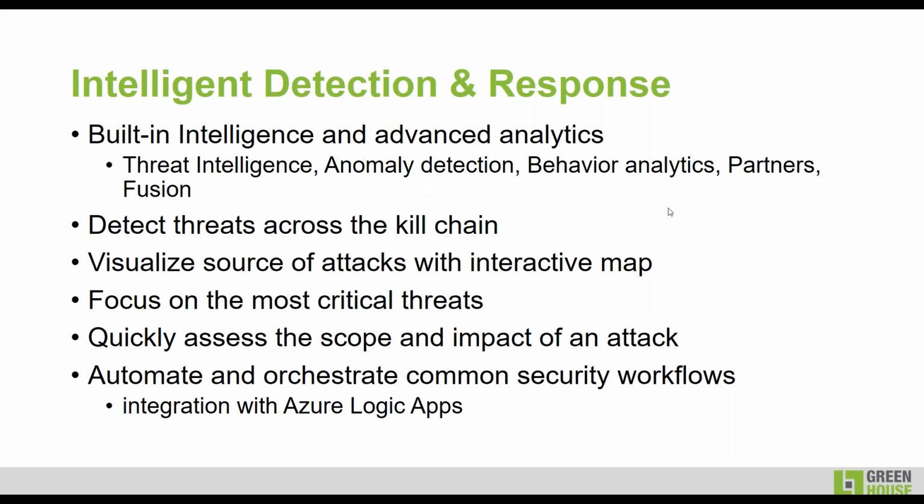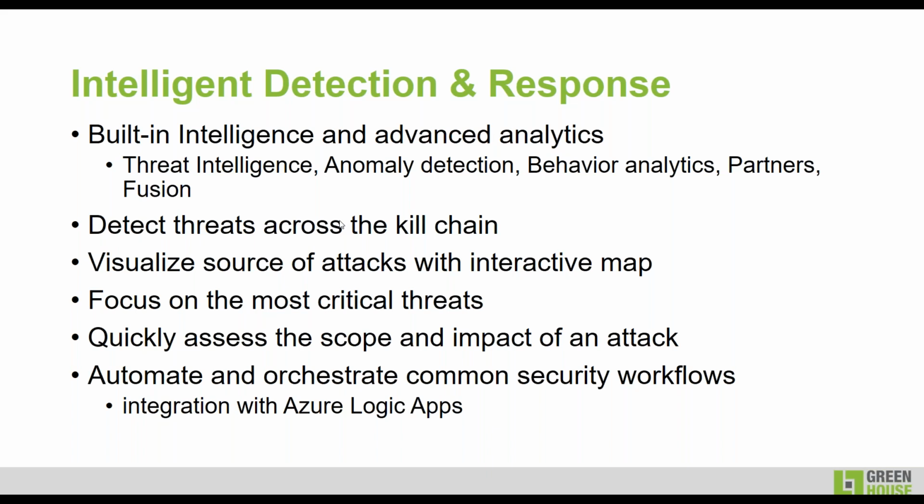It detects different behavior and looks for different patterns, known patterns that are associated with certain attacks. It has a partner ecosystem built in, where the information comes from different security partners, as we discussed, and a lot of fusion built in, with the data from different sources gelled together into one single system. So when an attack happens, there is a whole kill chain.